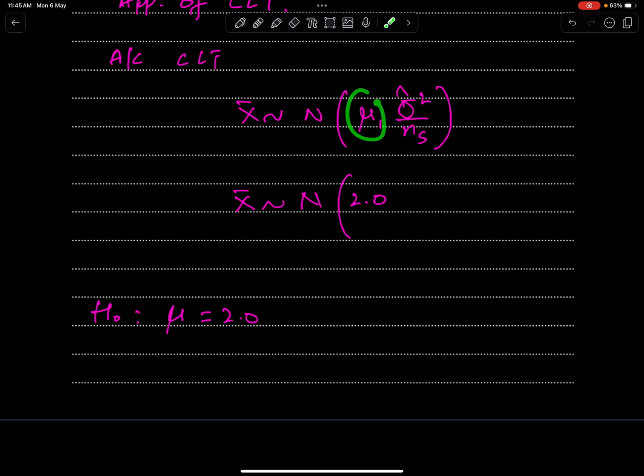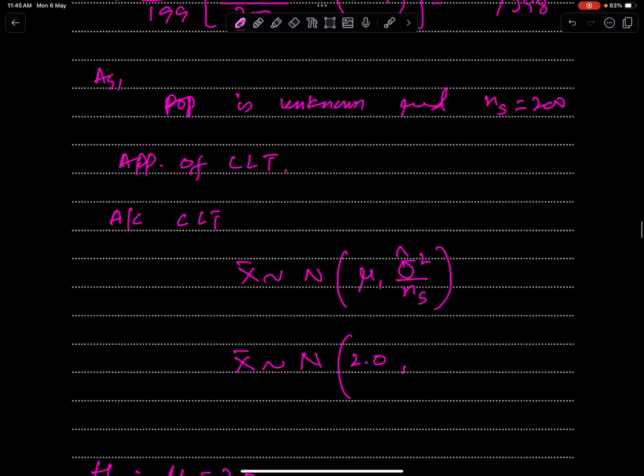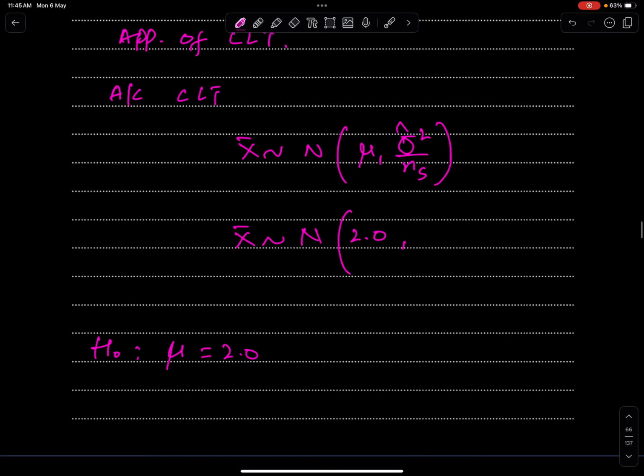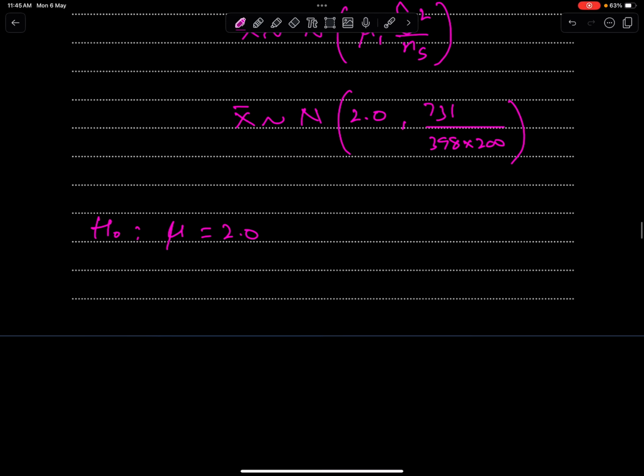Remember, this is the value of H naught. Sigma cap square is 731 over 398 and n is 200. So this is the distribution of X bar, and H1 is mu is not equal to 2.0.